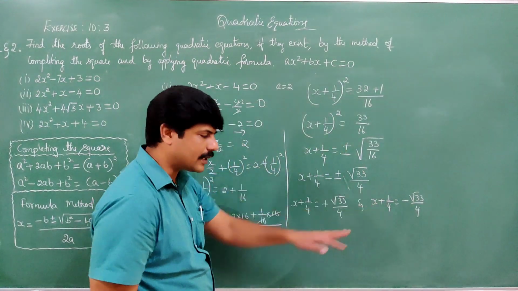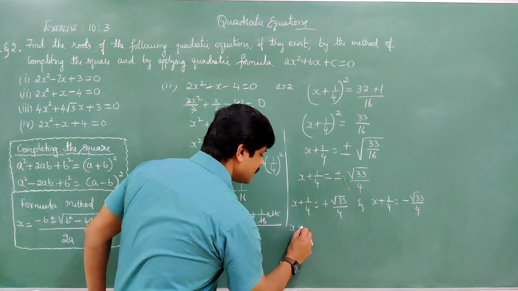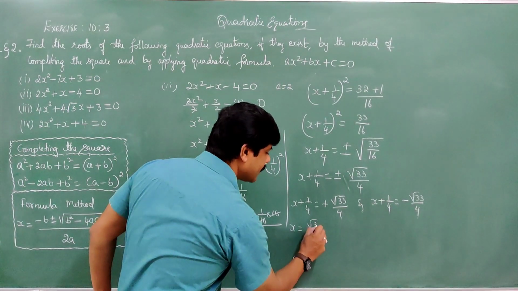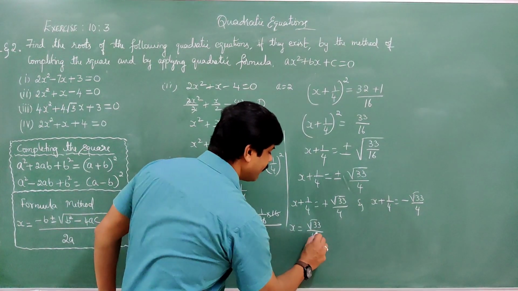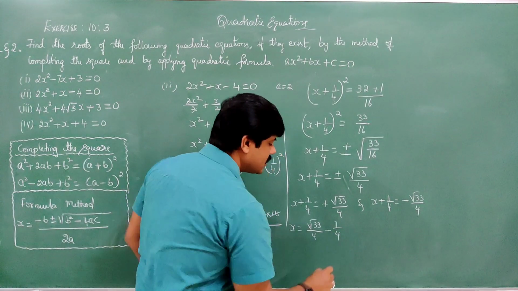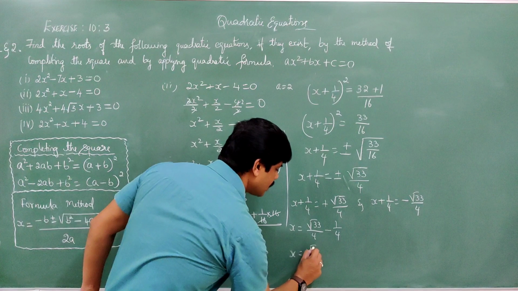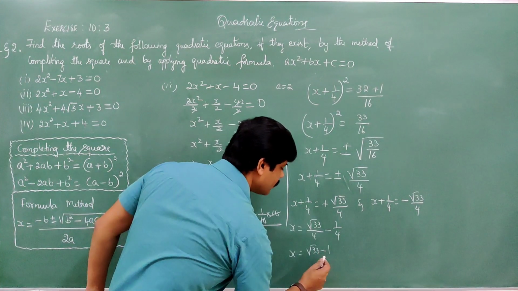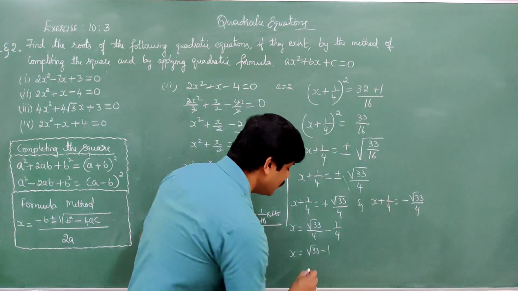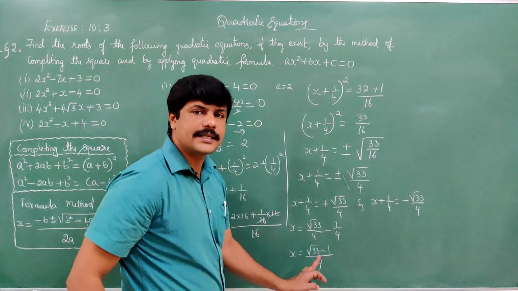Now transfer 1/4 to the other side. x = root 33/4 minus 1/4. Since the denominator is common, x = (root 33 minus 1) whole divided by 4. This is one value.